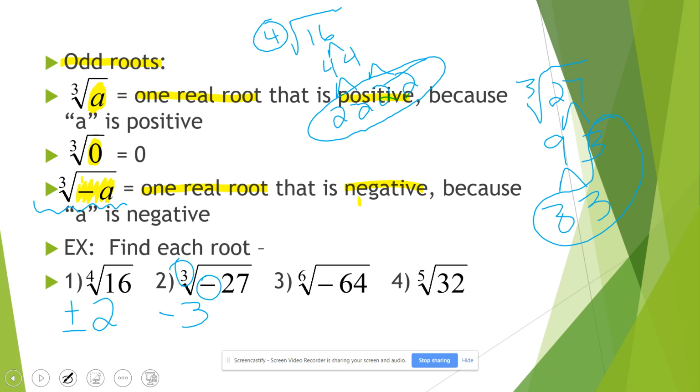All right, number 3, the sixth root of -64. Well, 6 is an even number, and there's a negative here. So I know I'm going to have to pull out i. I know also because 6 is even that I'm going to have a plus or a minus. So what number times itself 6 times is 64?